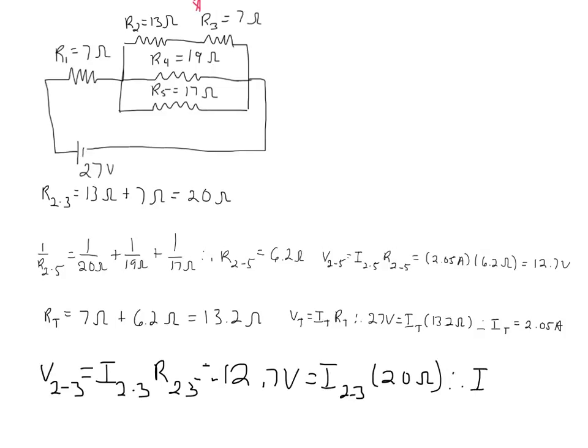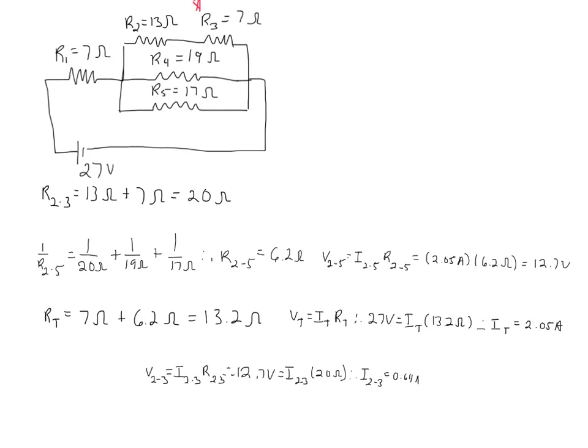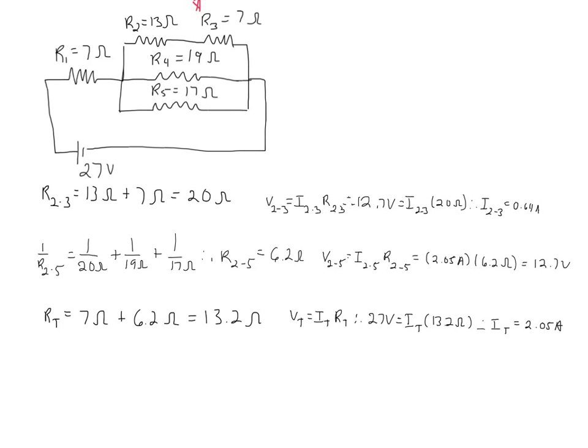And we get I2 through 3 equals 0.64 amps. So the current across this whole top branch is 0.64 amps. And because 2 and 3 are in series, the current through 2 is 0.64 amps and the current through 3 is 0.64 amps.